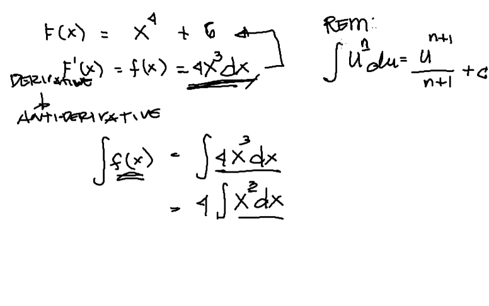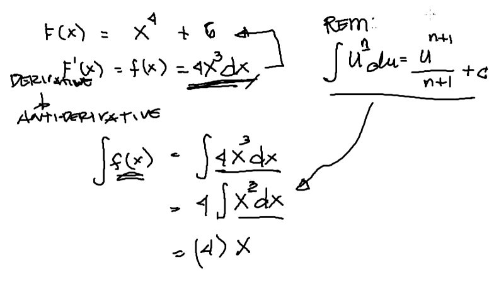Okay, if we apply this rule now on our problem, then we have 4. Let us copy the 4. Then the integral of x cubed is just x to the 3 plus 1, which is 4, all over the 3 plus 1, which is 4. Then plus constant c. As you can see here, we can now cancel this out, because 4 over 4 is just 1.